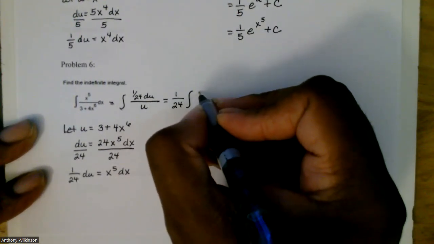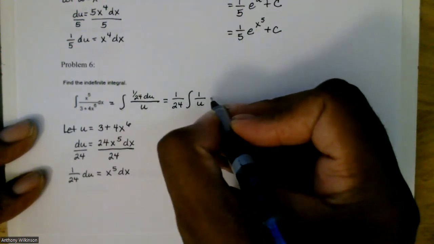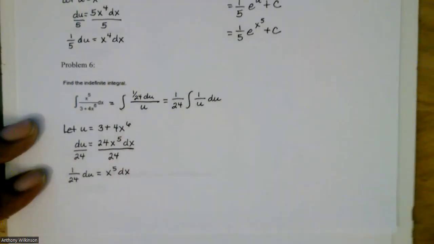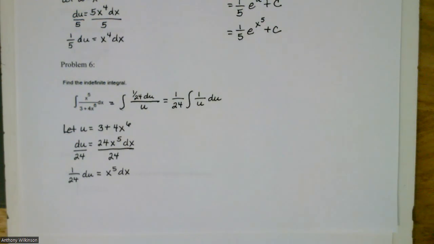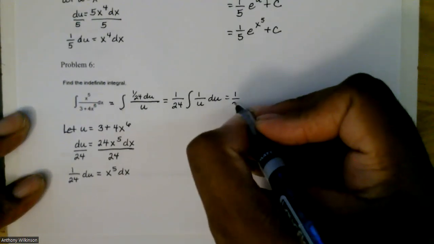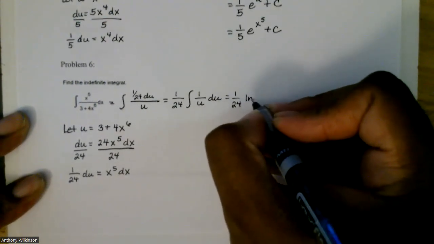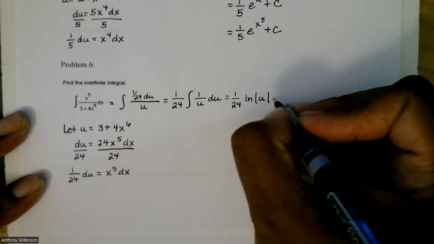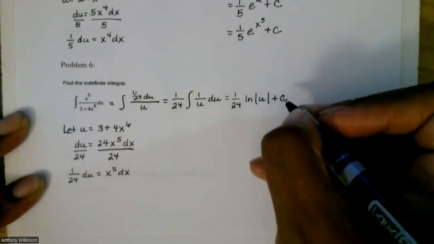That'd be the integral of, let's say, 1 over u du. And the integral of 1 over u du, of course, is going to be the natural log of the absolute value of u plus c. So I'm going to have 1/24 times the natural log of the absolute value of u plus c.